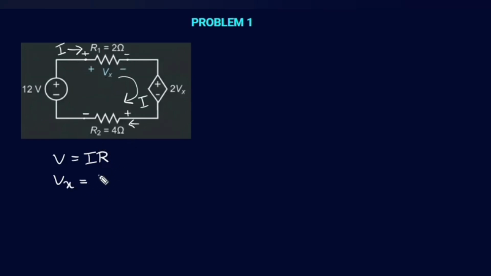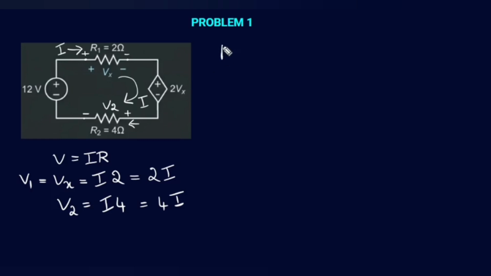So, it is given by the current flowing through this loop and the resistor across which that voltage is appearing, which is nothing but 2 into I. Similarly, what is voltage V2? That is the voltage across the resistor R2. Now, this is the same as V1. What is V2 here? V2 is nothing but I into 4, or 4I.